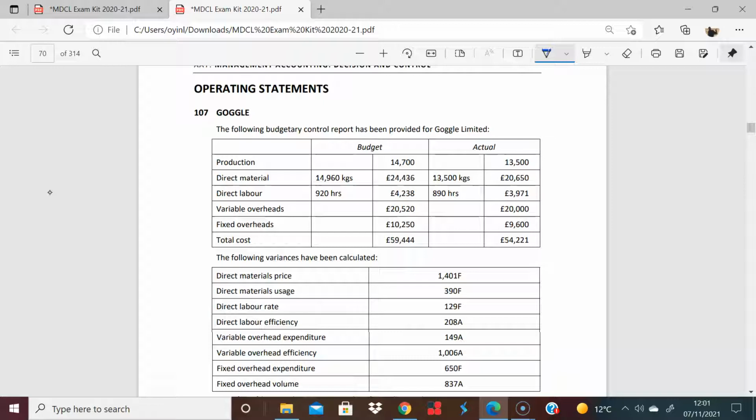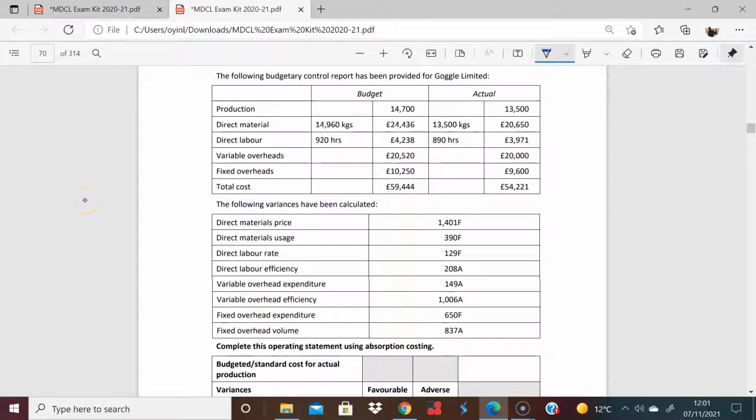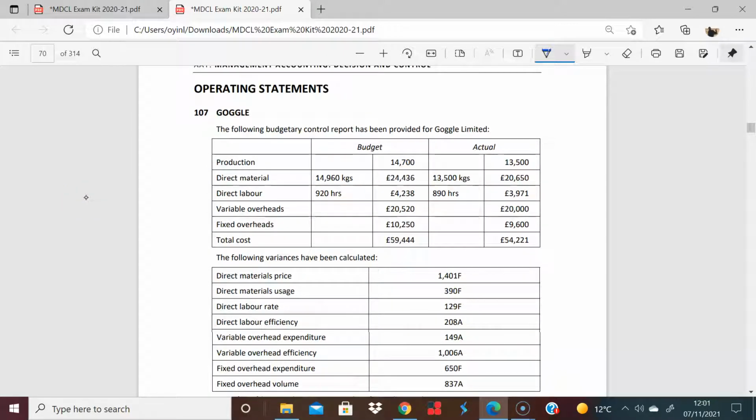So, in a typical exam question, remember, we're still flexing the budget. This just helps us to flex the budget. I know the total cost of making 14,700 units, so I can find the full standard cost of making one unit.